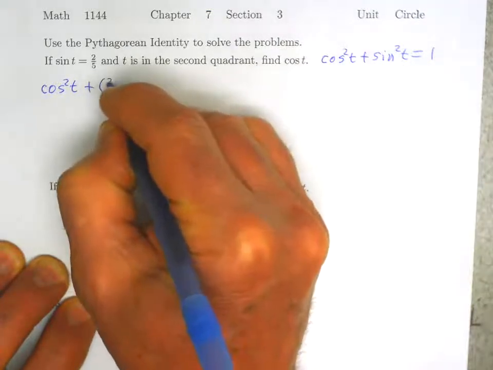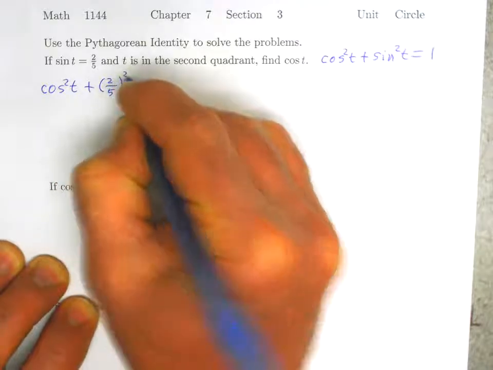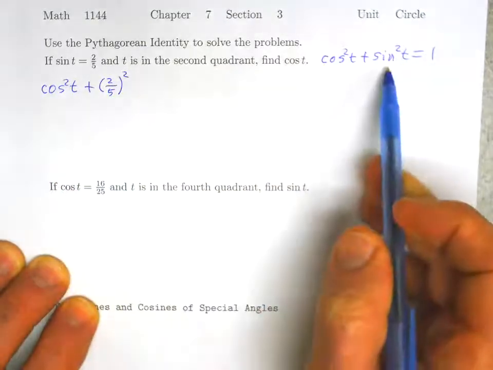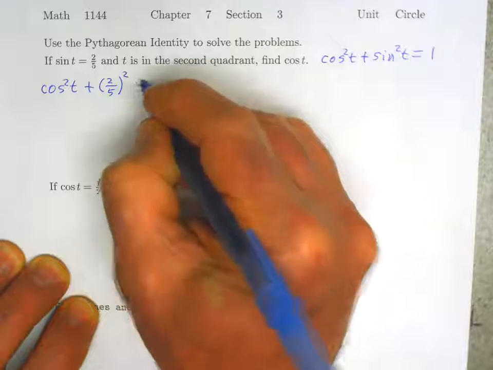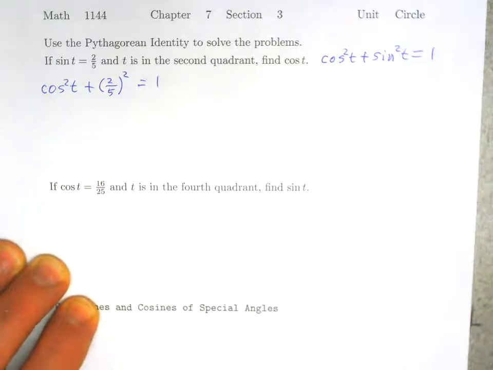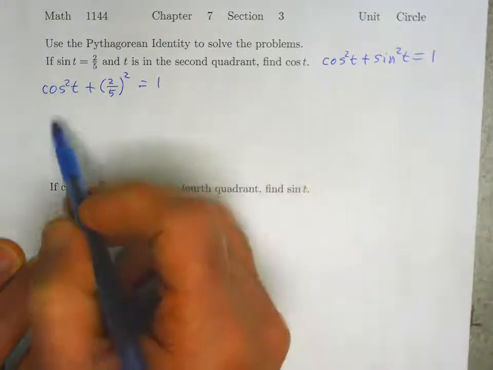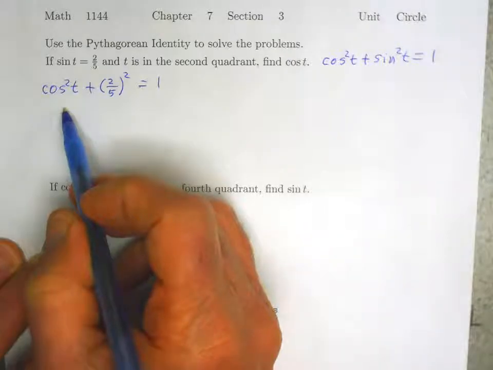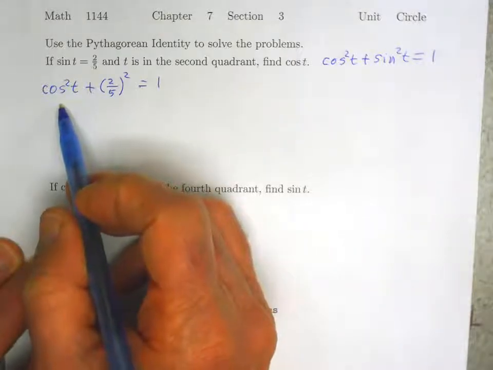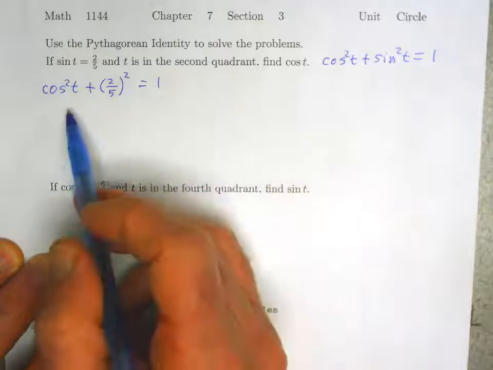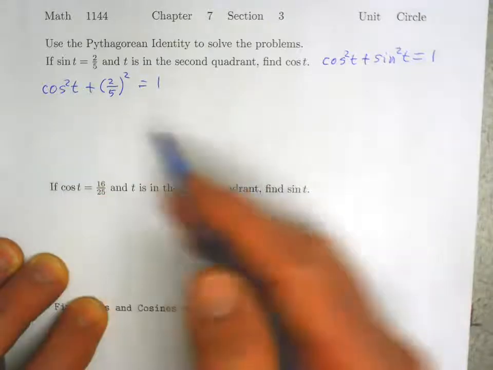So (2/5) squared, since this has sine squared t, and this equals 1. So now all we have to do is solve for cosine of t, and we'll remember that since t is in the second quadrant, cosine of t has to be negative.